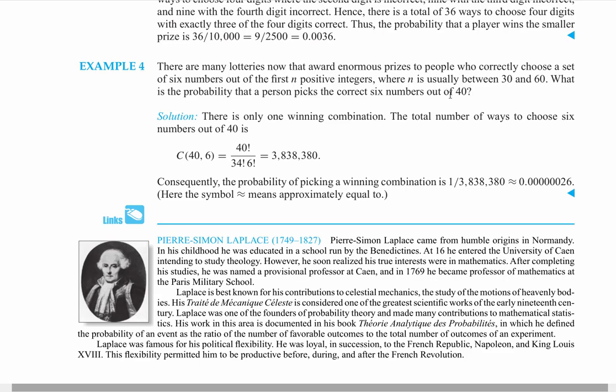I'm sure you've seen this on TV. So they have balls labeled 1 through 40. Then there's a drum or a machine, and six of those balls come out randomly. And you choose 6 numbers, and you get the millions if your 6 numbers match their 6 numbers.